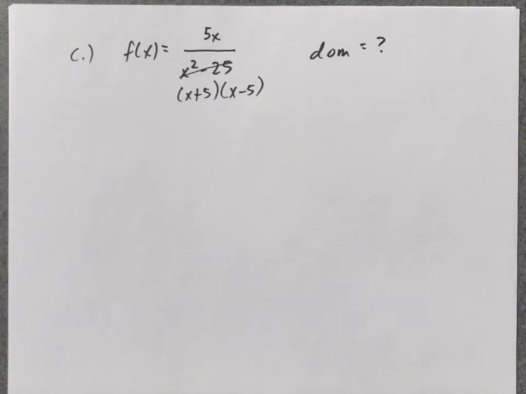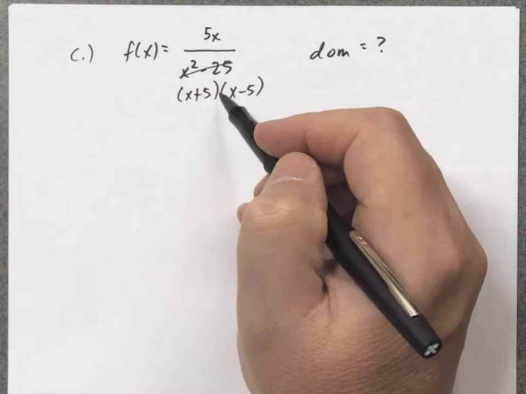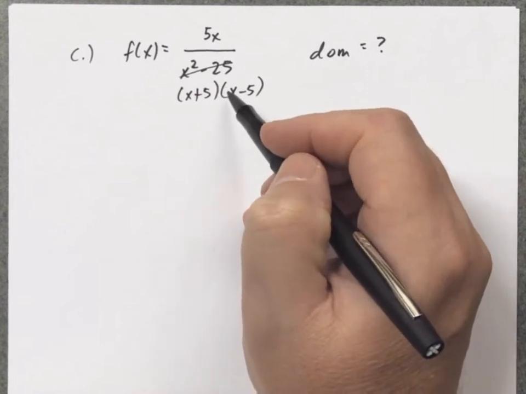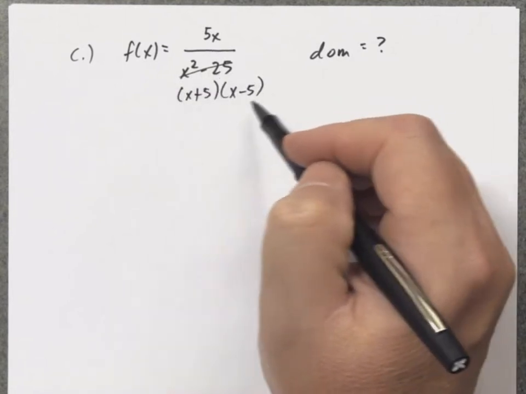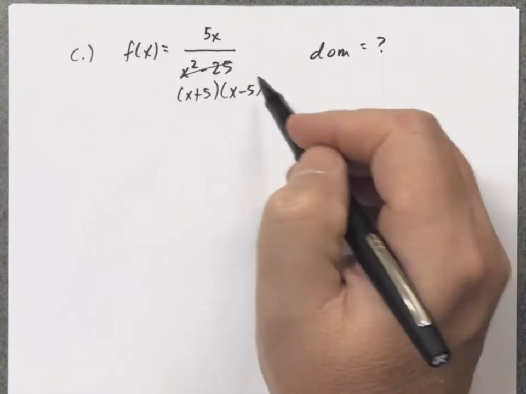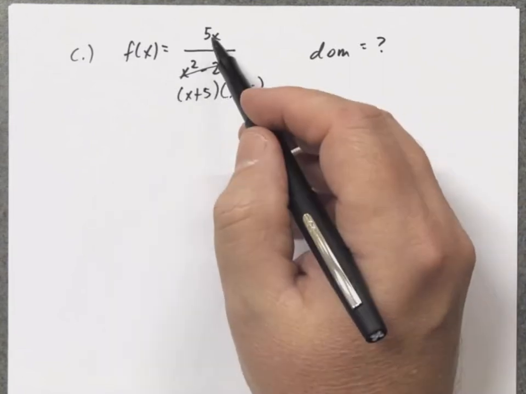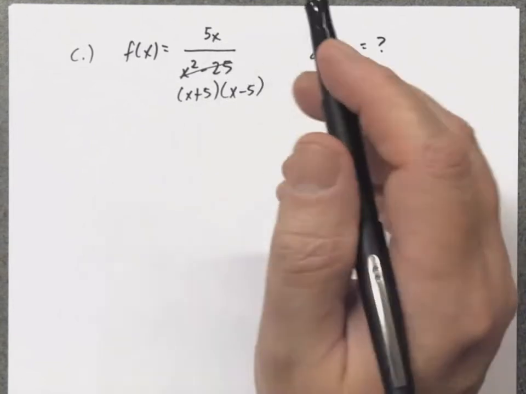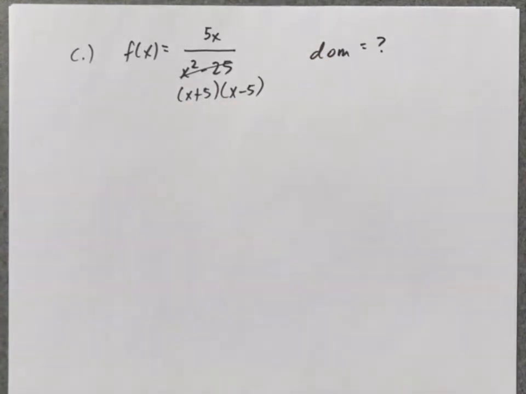I'm assuming the domain is all real numbers unless I have a variable under the square root or, in this case, a variable in the denominator. Since I do have a variable in the denominator, I've got to figure out how the domain is going to change, and it is going to change because of this denominator, but the numerator is not going to change the domain. It has no impact. All I care about is this denominator.